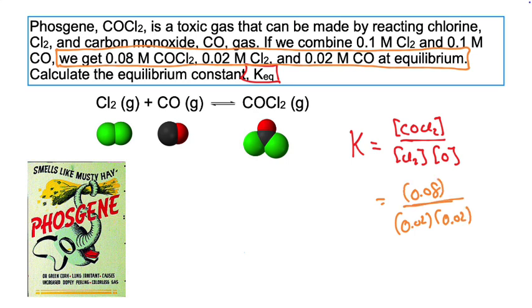Now what do we go through and do? Enter it in the calculator and we get our magic number. What's our magic number? 200. What does that mean? To help with that meaning, I would go back to what our Keq expression was.